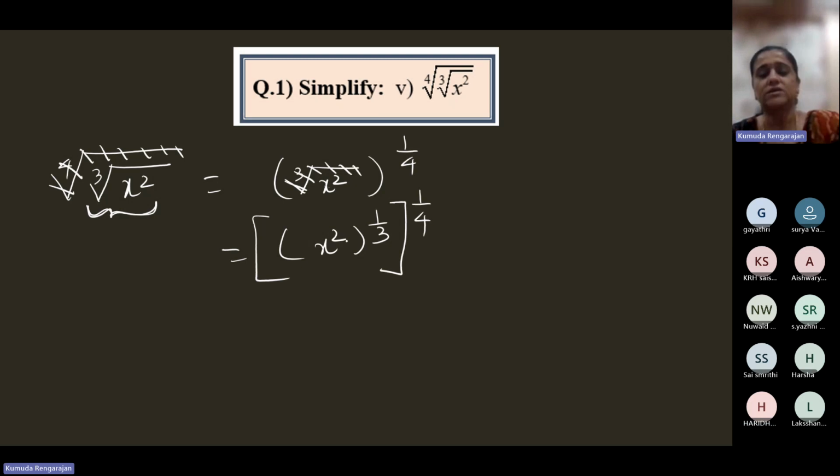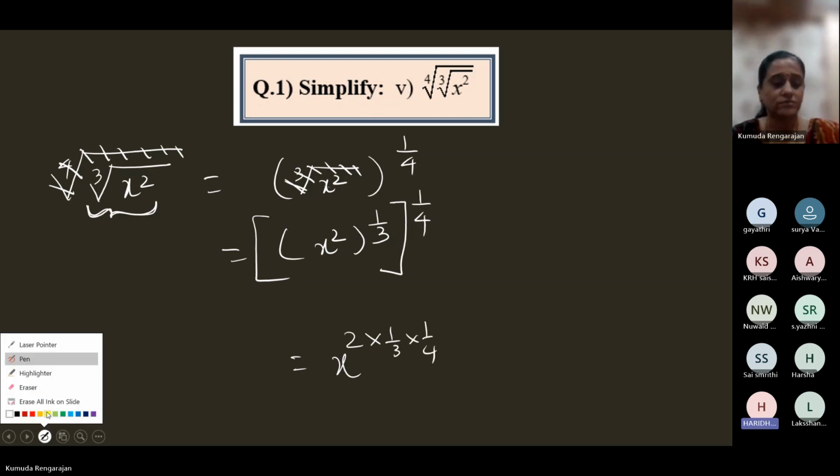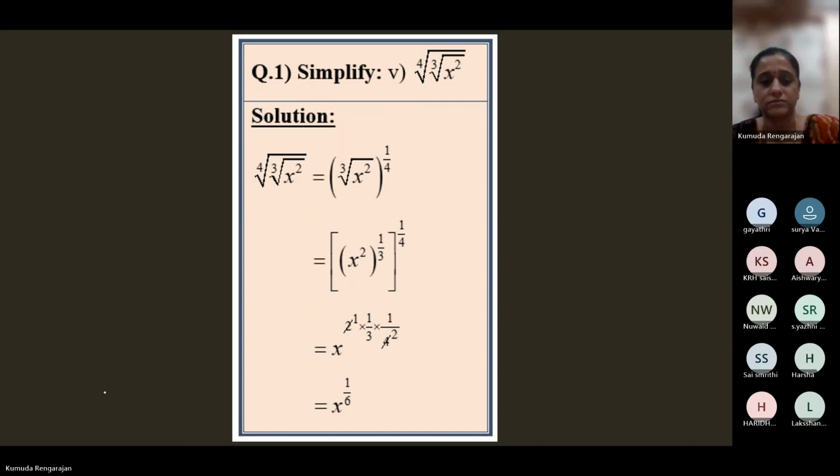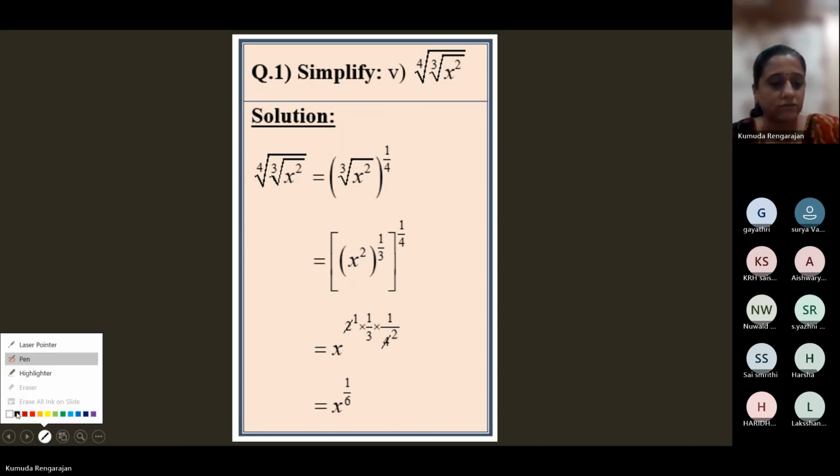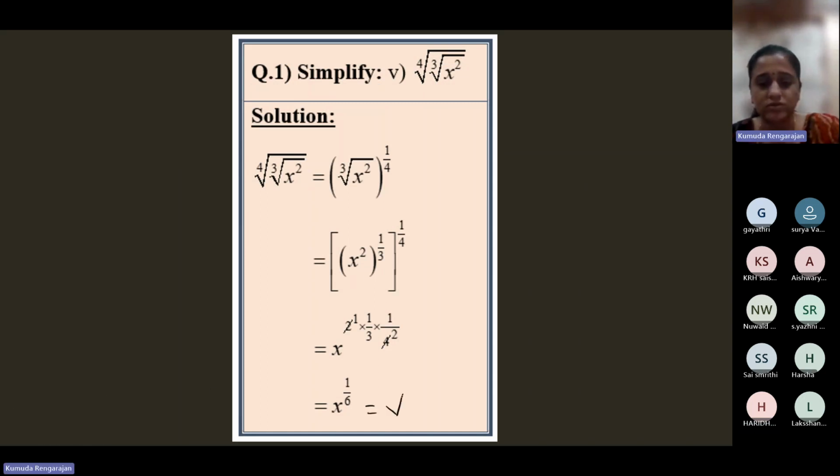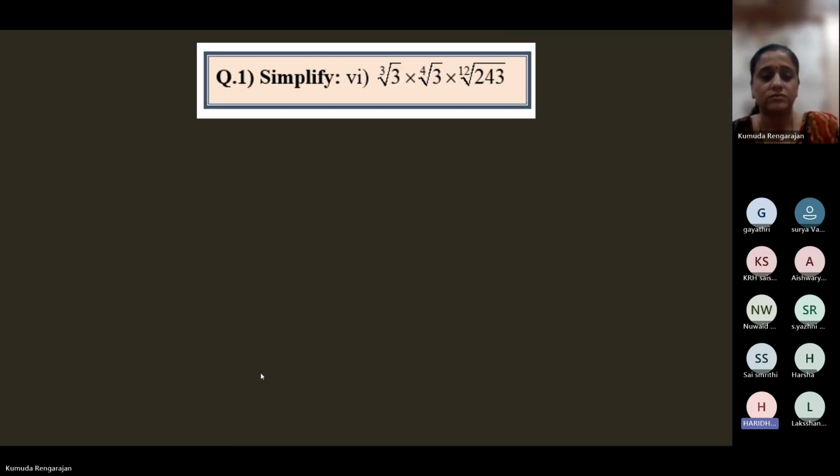You'll have to write it here as the base. Now multiply the powers. X to the power 2 into 1 by 3 into 1 by 4. Got it? You can also write it as 6th root of x. Okay, ma'am. Thank you, ma'am.